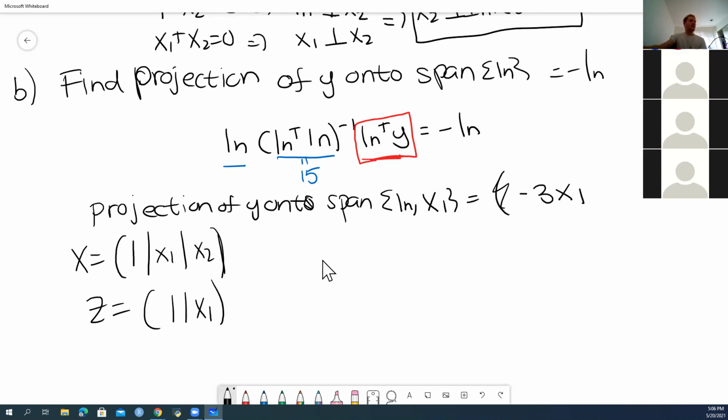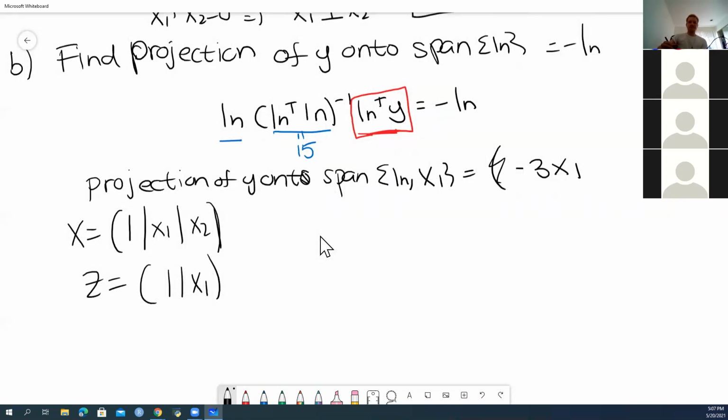Therefore, the projection of y onto this is equal to negative 3x1.